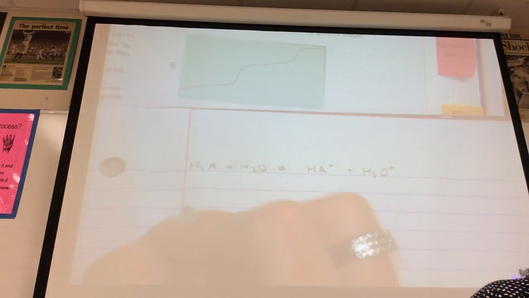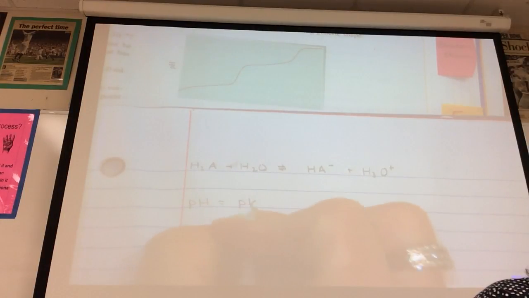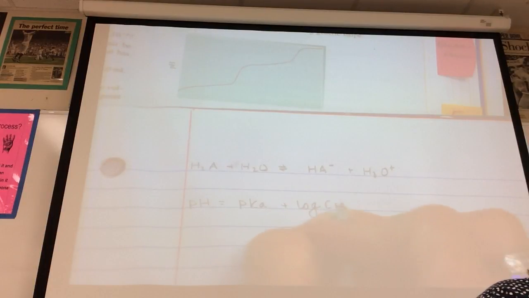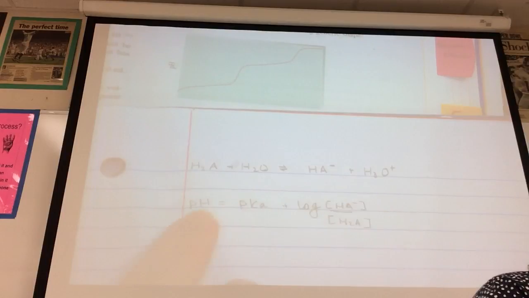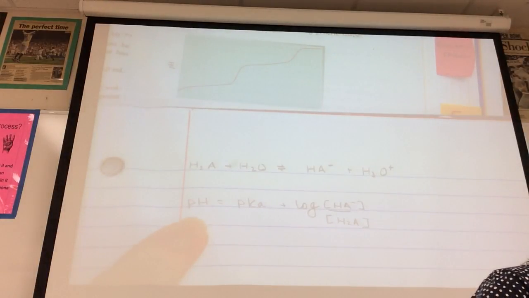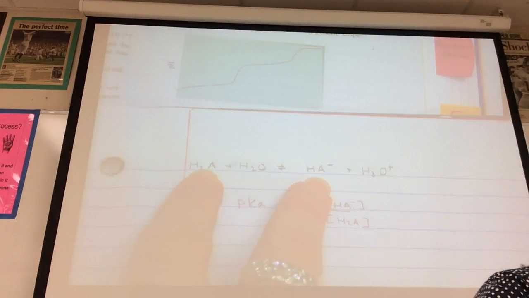Because you know at the half equivalence point, pH is equal to pKa, which means in regard to Henderson-Hasselbalch, the concentration of the conjugate base and the weak diprotic acid must have been equal, because the log of 1 is 0, and so these two are equal. Yes? So at the half equivalence point here, these two amounts are equal.